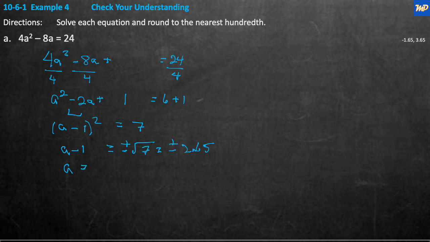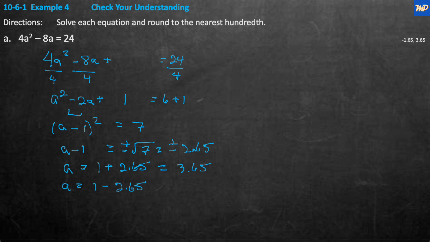A will then be equal to 1 plus 2.65, and a will be equal to 1 minus 2.65. And what are those equal? So 1 plus 2.65 is going to be equal to 3.65.